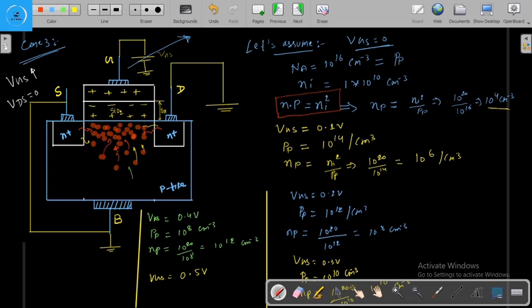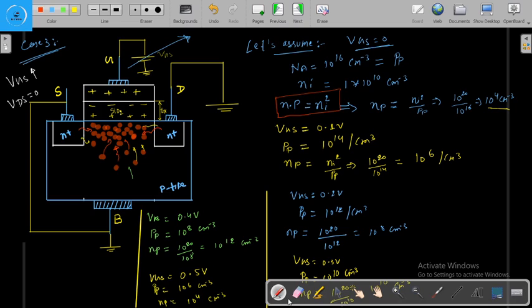And the concentration of the holes will be decreased, and it will become 10 to power 6 per centimeter cube.